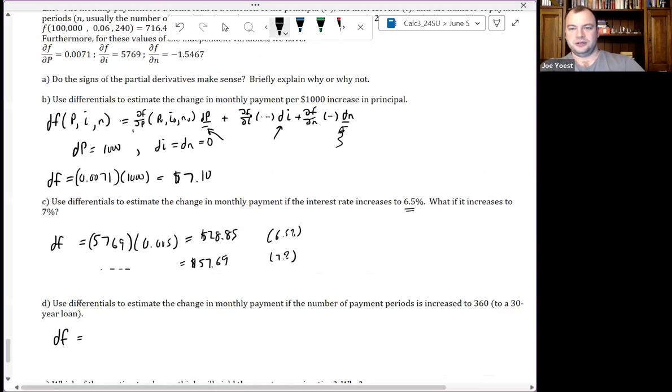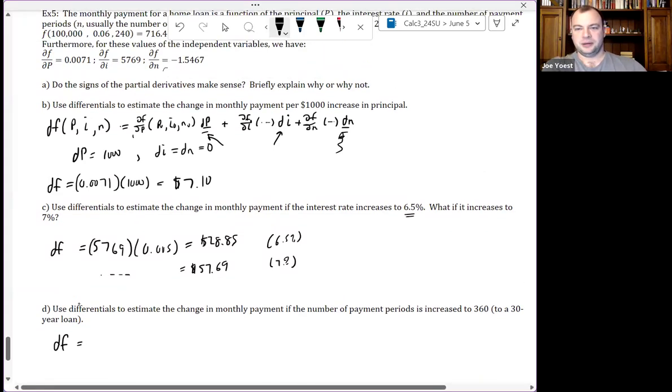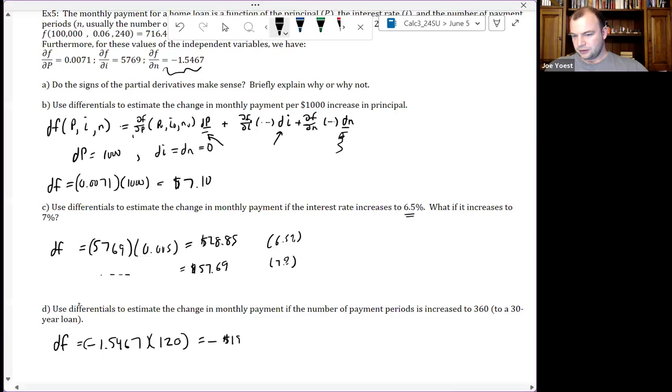So the change is going to look like minus 1.5467 times the change in the number of months, which is plus 120. And when I did that, I got minus $185.60.